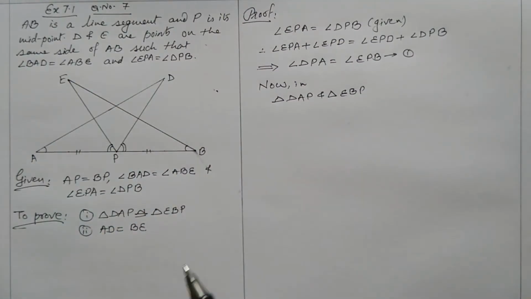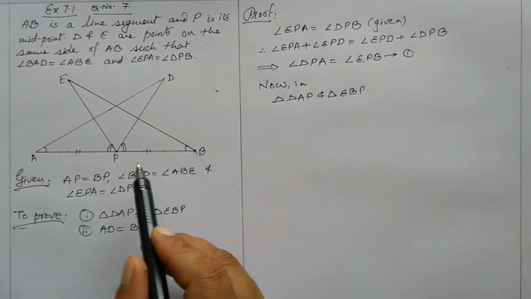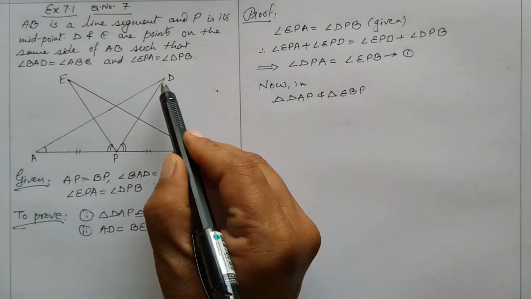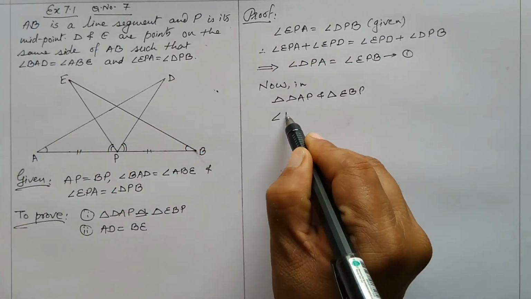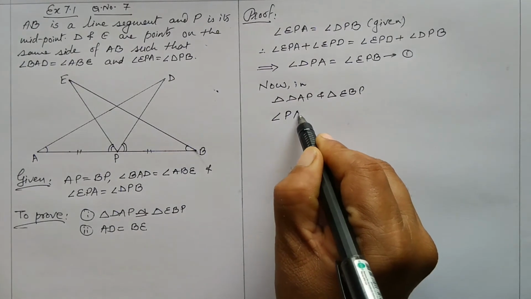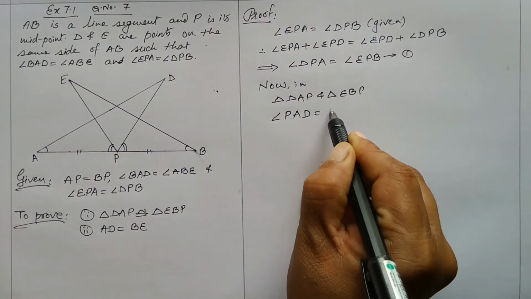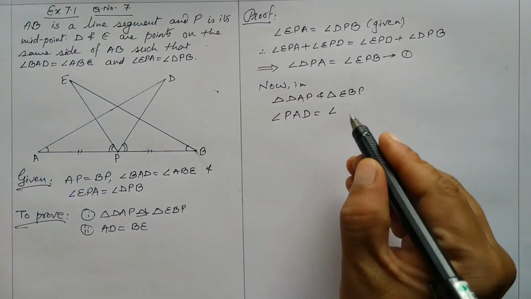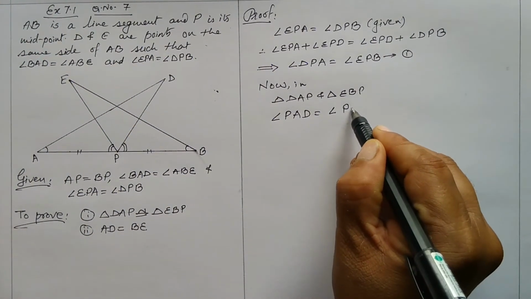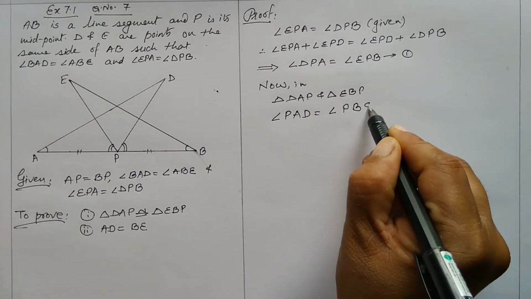Angle BAD, that is angle PAD, is equal to angle PBE.